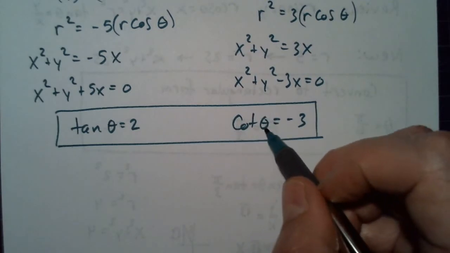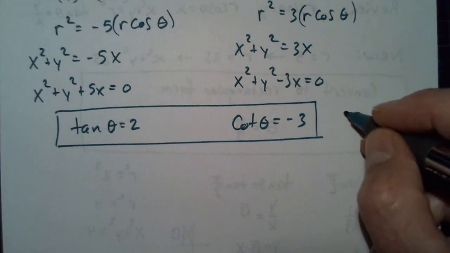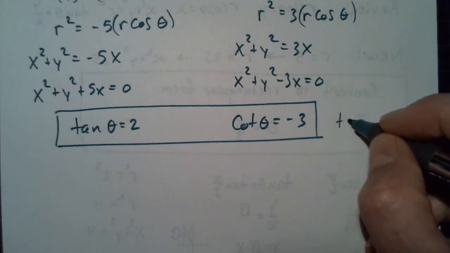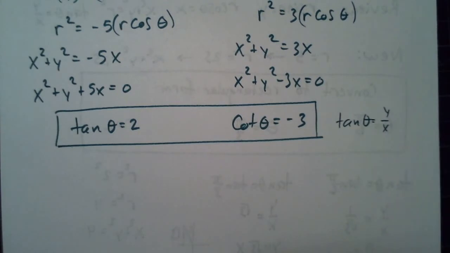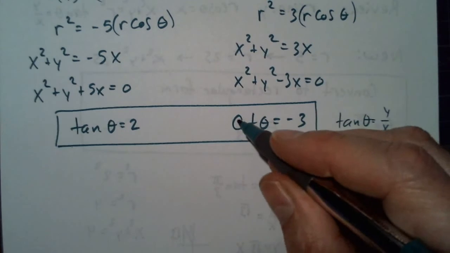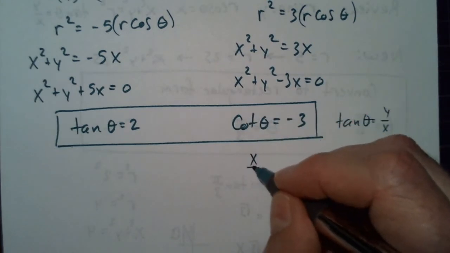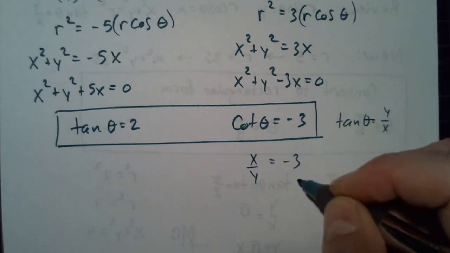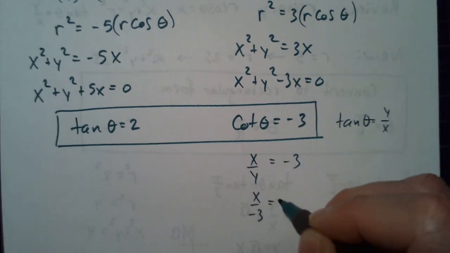well, we could just do cotan theta equals x over y. If we were really focused only on the formula that we started with, we might say, okay, that could be 1 over tangent, but cotangent is just x over y, so we could just do x over y equals -3, and x over -3 equals y.